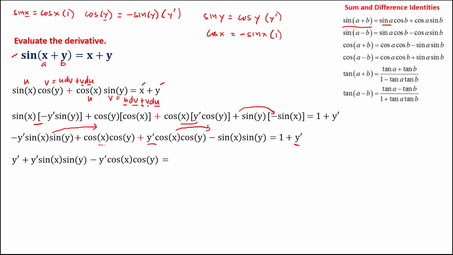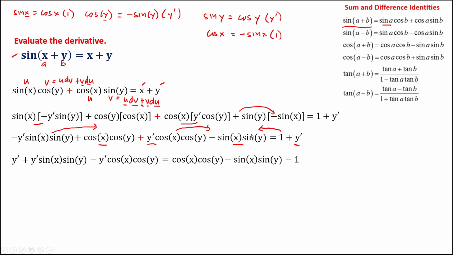Just bring down this cosine X cosine Y and this negative sine X times sine Y. Then for this positive one, transpose to the other side, so this becomes negative 1.